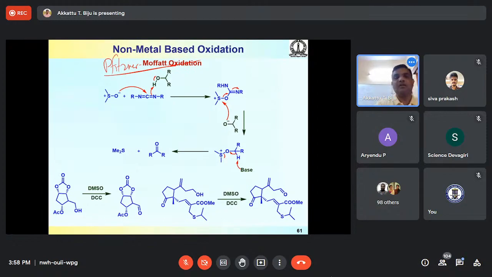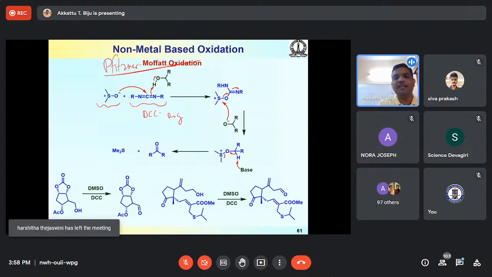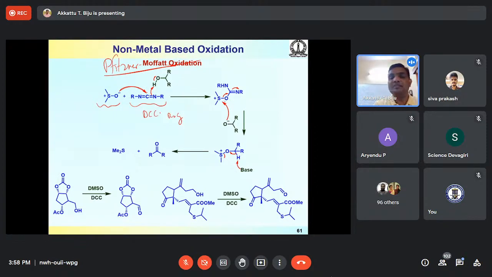So in Pfitzner-Moffatt, what happens is that we take DMSO and a carbodiimide like DCC, where R is cyclohexyl, dicyclohexylcarbodiimide, and again the DMSO oxygen can undergo a nucleophilic addition, and the anion generated can be protonated, and this can again lead to the formation of this intermediate species, and the anion can add to the sulfur and get converted into the product and dimethyl sulfide along with dicyclohexylurea.